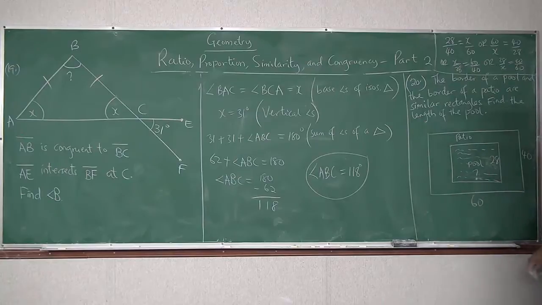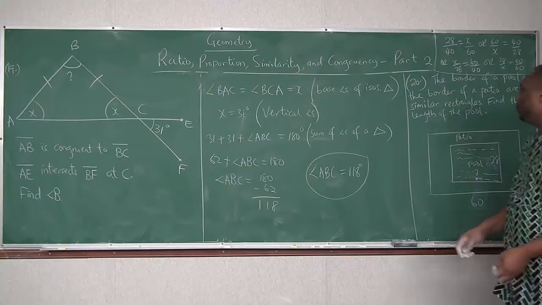Several ways you can write a proportion. These are all correct, no problem. But the main one is that the lengths of the corresponding sides are proportional. So the main one is x over 60, because this is the corresponding side length, equal to 28 over 40.